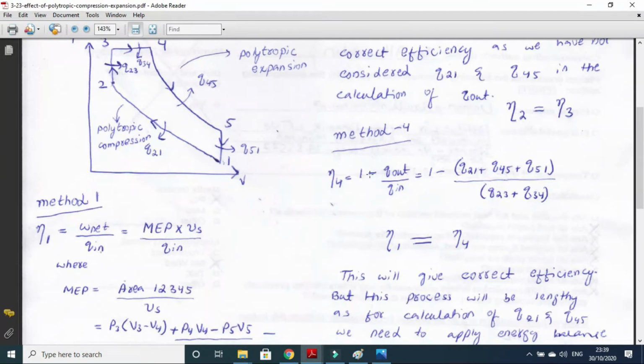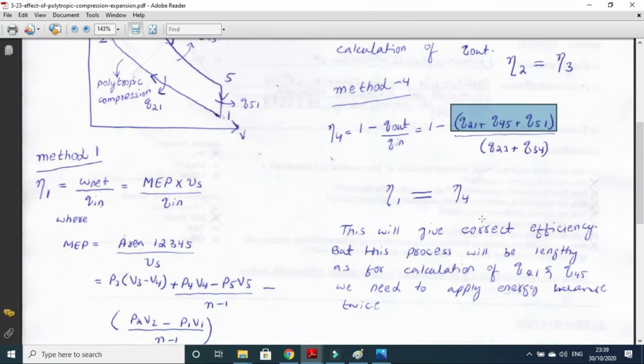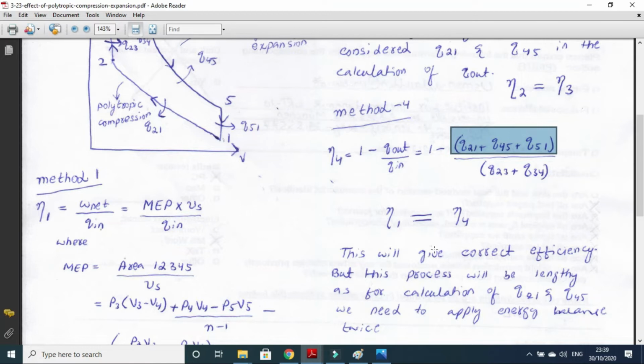But if you use method number 4, 1 minus Q out upon Q in, where Q out is calculated by Q21 plus Q45 plus Q51, this is the actual Q out, then you will get the correct efficiency. And with this method 4, the efficiency will be equal to the efficiency calculated in method 1.